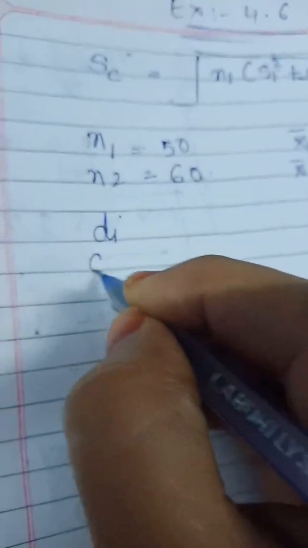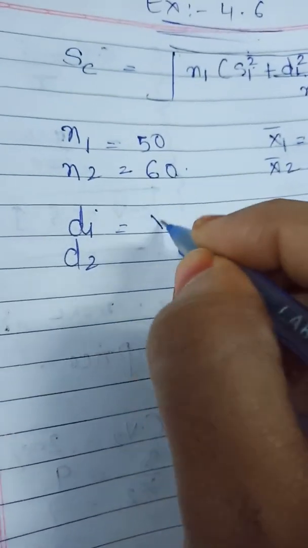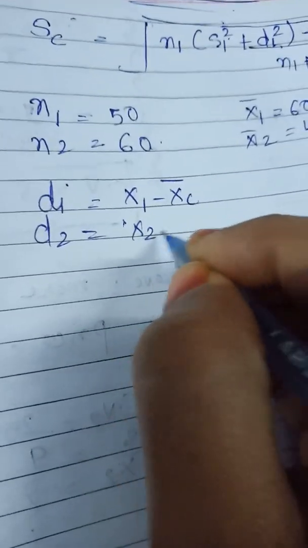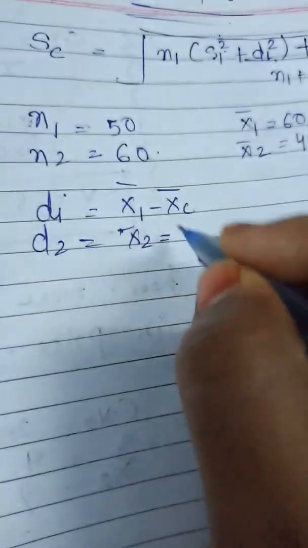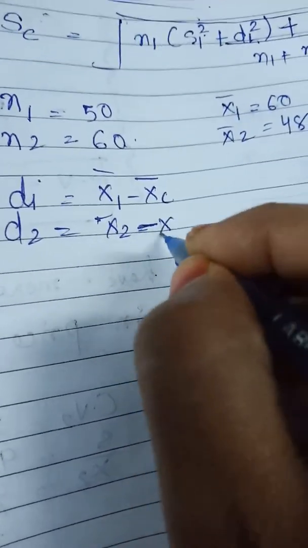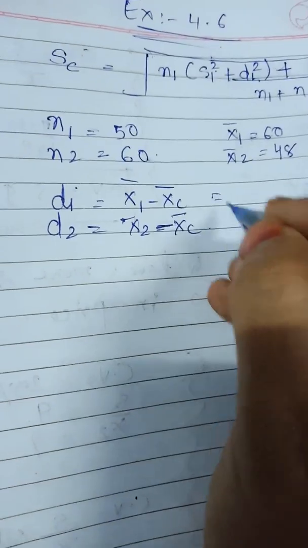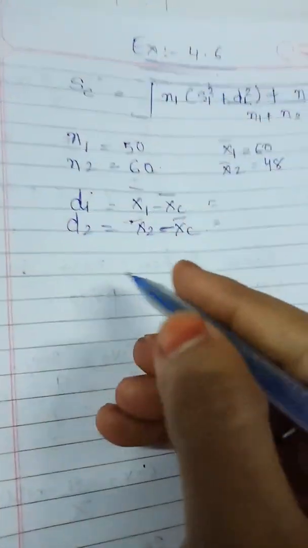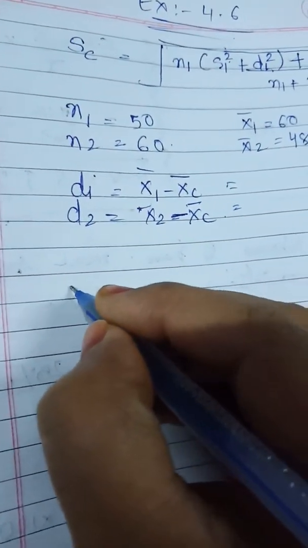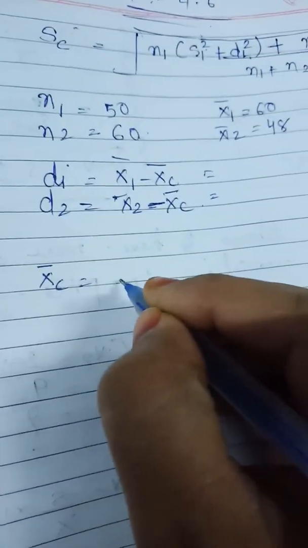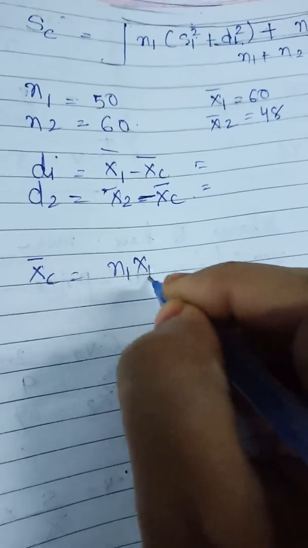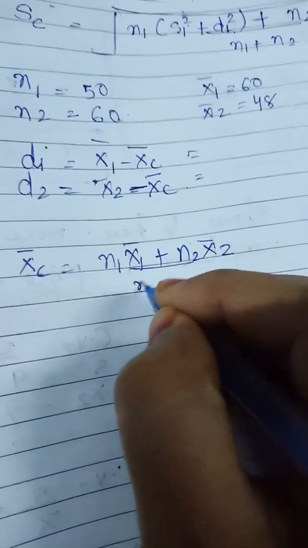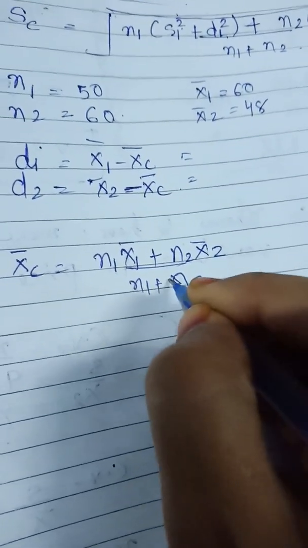d1 is mean 1 minus combined mean, and d2 is mean 2 minus combined mean. Now we don't have the value of the combined mean, so first we have to find the combined mean. You can find it orally or here also. Combined mean equals n1 into mean 1 plus n2 into mean 2 divided by n1 plus n2.